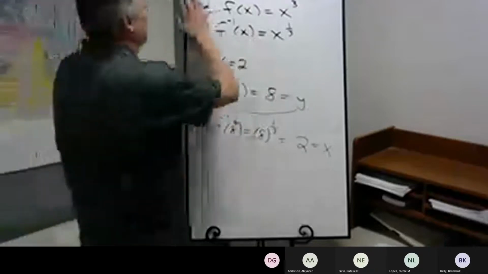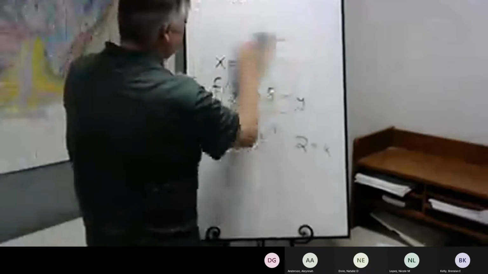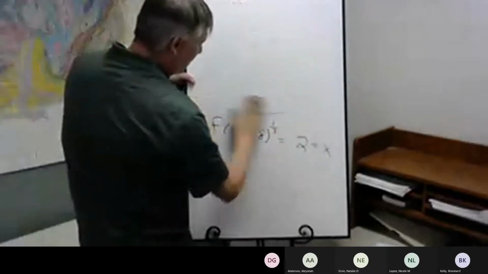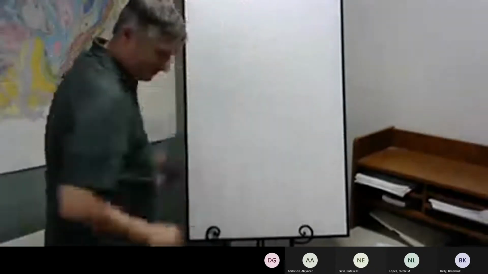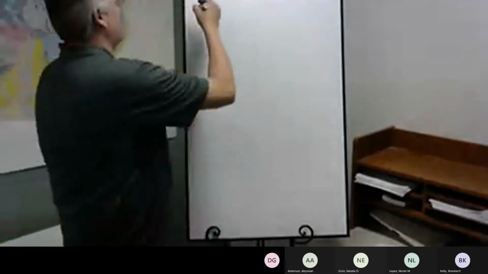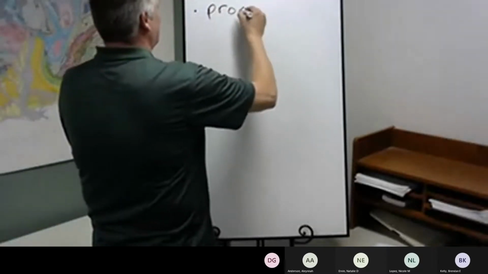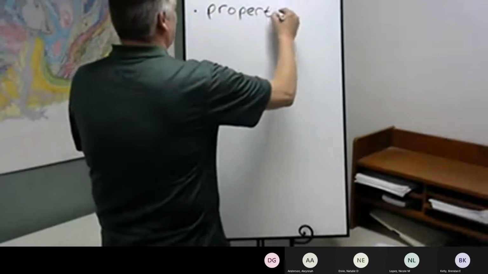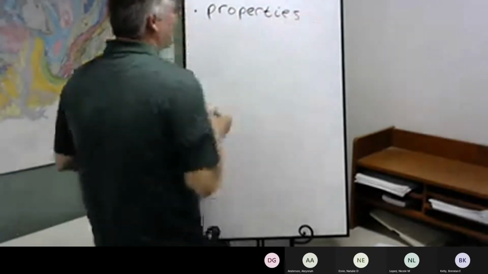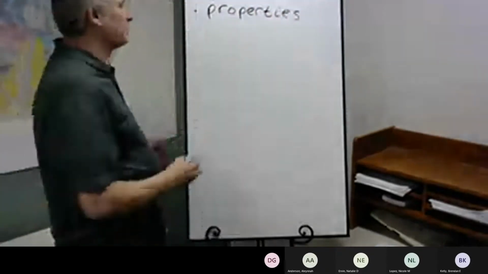So inverse functions have some properties. The first one is composition.